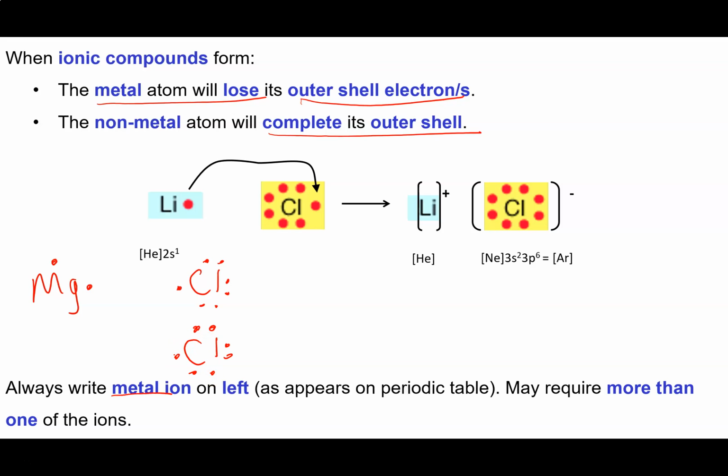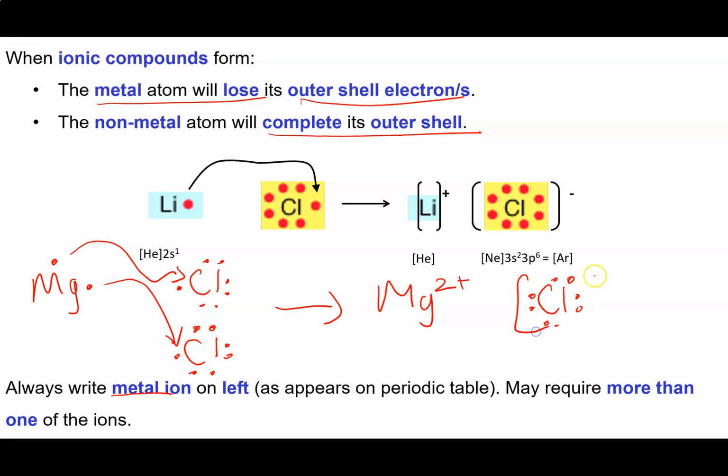So where this leads us is that we need 2 chlorine atoms to write this structure correctly, and there we are: magnesium lost 2, and then we have 2 chloride ions with their complete octets.